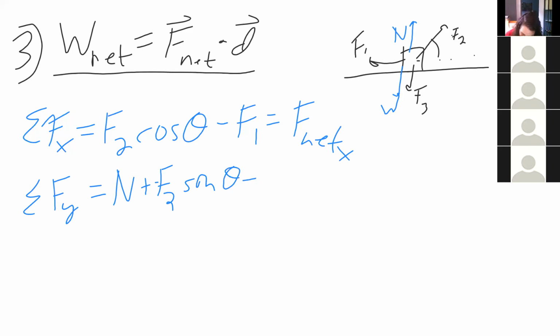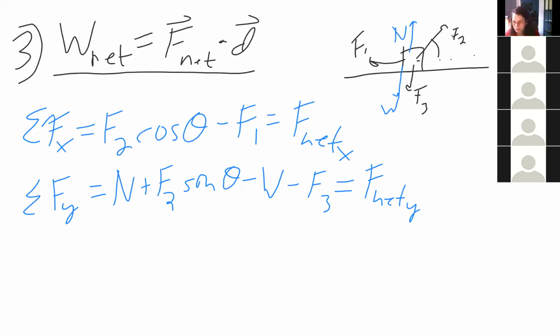So minus the weight minus all of F3. And again, last week we'd set this equal to ma. If a is equal to 0, we set it equal to 0. This week, we're actually just trying to find that net force. And you'd plug in whatever numbers you have in your problem, and you'd find the net force in the y direction.